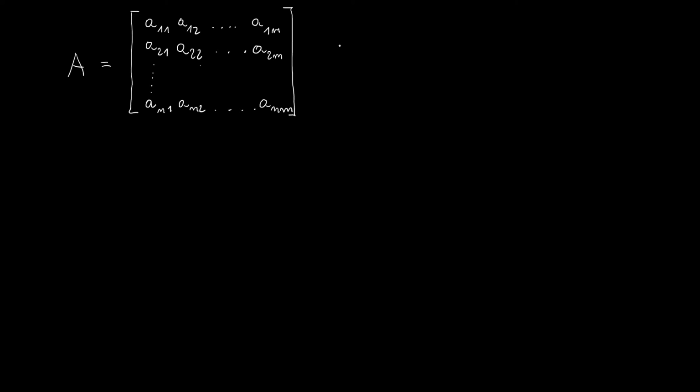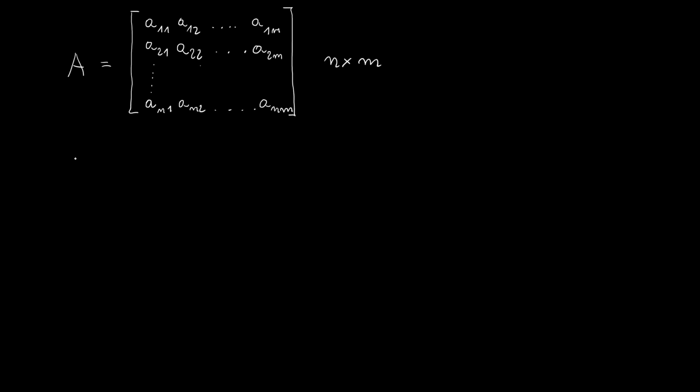So n is the number of rows here, and m is the number of columns. So the dimension of the matrix is like this.